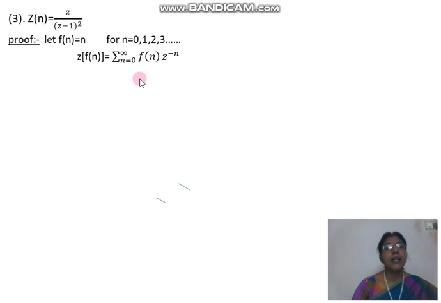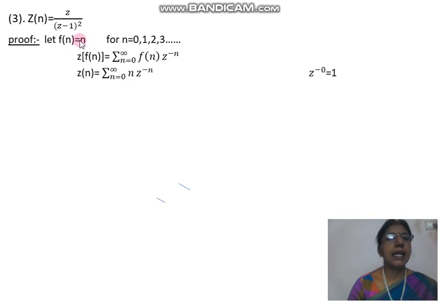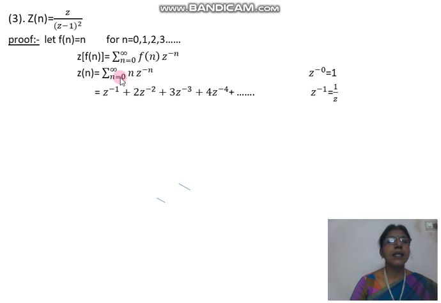Now in place of f of n put n on both sides. Z of n is equal to sigma n is equal to 0 to infinity n into z power minus n. Expanding this summation, n is equal to 0 gives 0 into z power 0, which is 0, leave it.